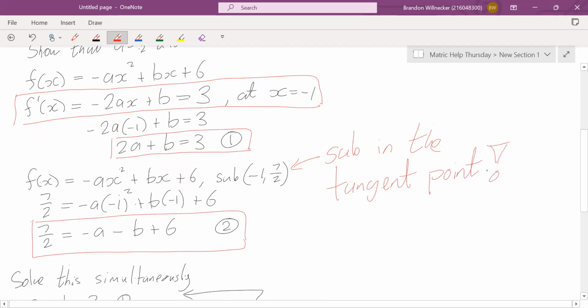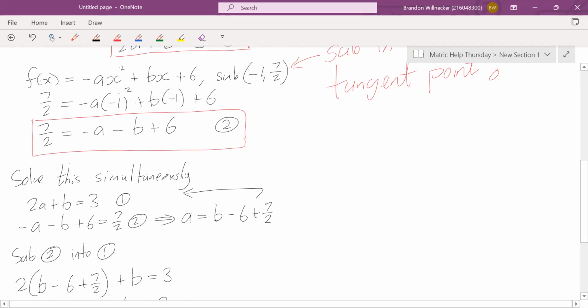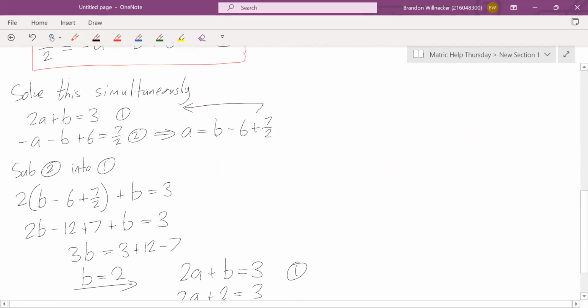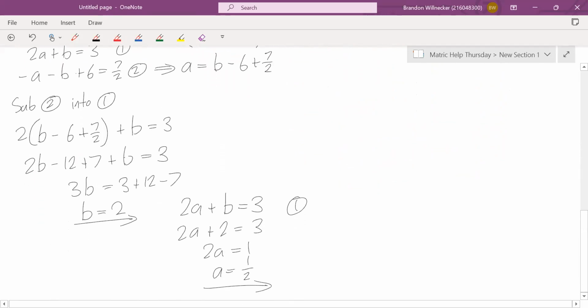If we substitute the tangent points, we get another equation in terms of a and b. We can call that equation 2. So we've got 2 equations, 2 unknowns. We can solve simultaneously. So I just solved for a, substituted it into the other equation. I got b. Then once I've got b, I can find a.